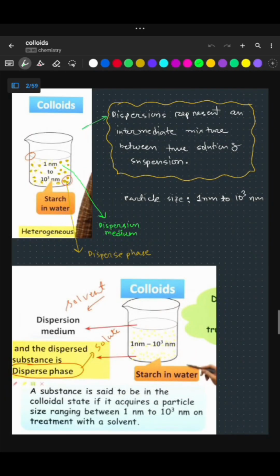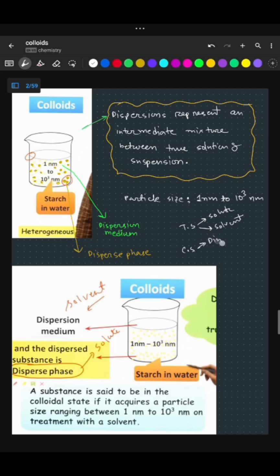If we go a little deeper into the colloidal solution, which is our today's topic, we see that colloidal solution is literally divided into two parts. In a true solution, TS, which means true solution, we got solute and solvent. In a colloidal solution, we've got two parts.